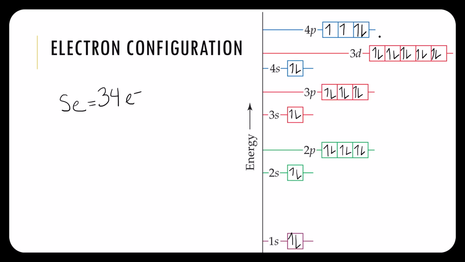So we've got all 34 electrons onto the paper. All right, now we're just going to tell the viewer how we put those in.